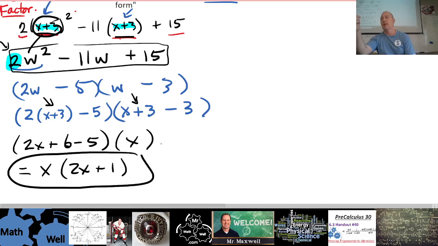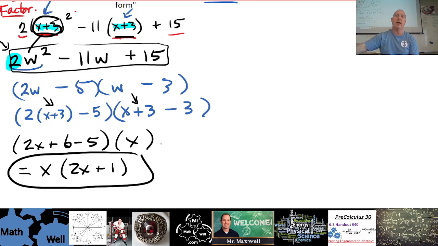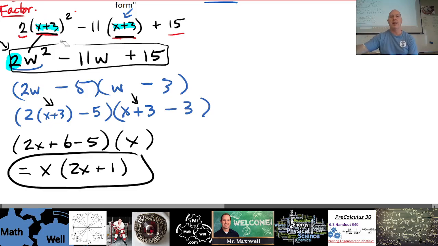From the very top, can we just expand? Good question. Can we not just expand at the very top? Yes, you could expand, but you might get a very long, complicated expression.